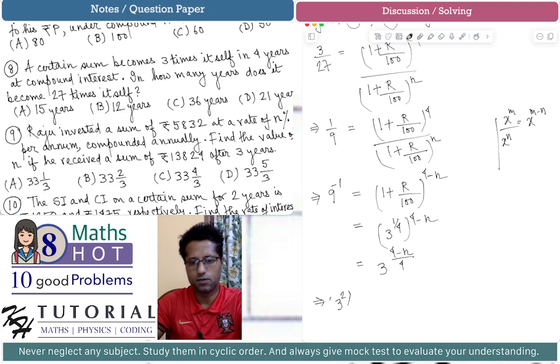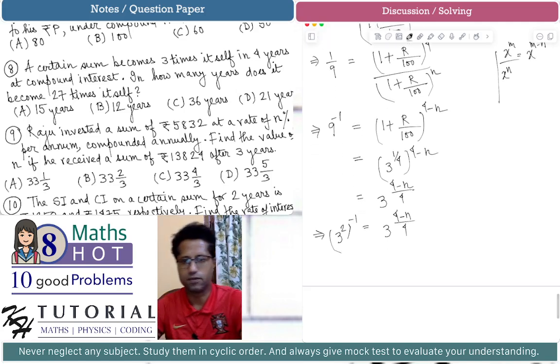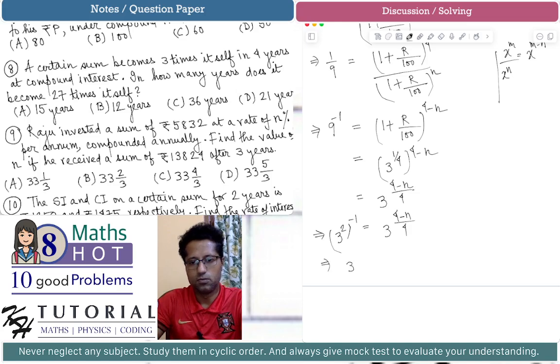So we have (3 square) whole to the power minus 1 is equal to 3 to the power (4 minus n) by 4. Now these are all concepts of exponents and how you solve for a variable in this kind of exponential equation. So this implies 3 to the power minus 2 is equal to 3 to the power (4 minus n) by 4.